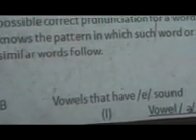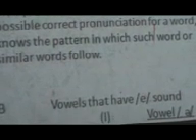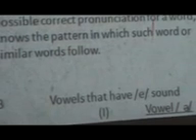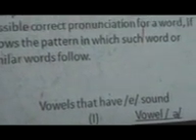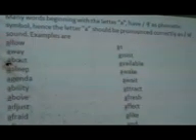Section B. Vowels that have a sound. Subsection I. Vowel A. Many words beginning with the letter A have vowel A as phonetic symbol.